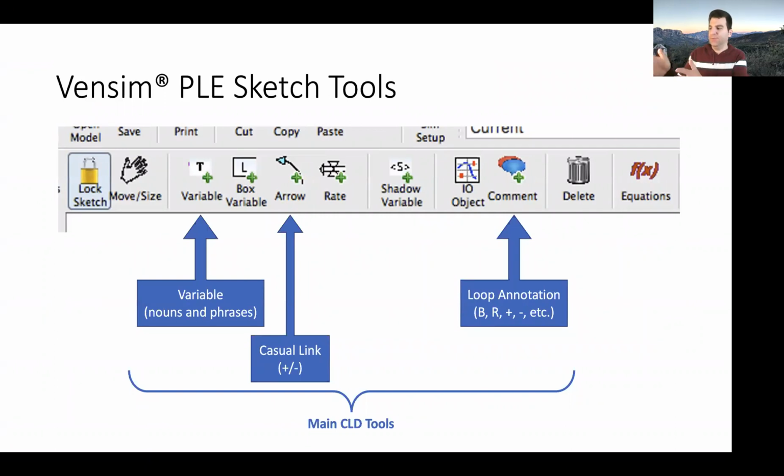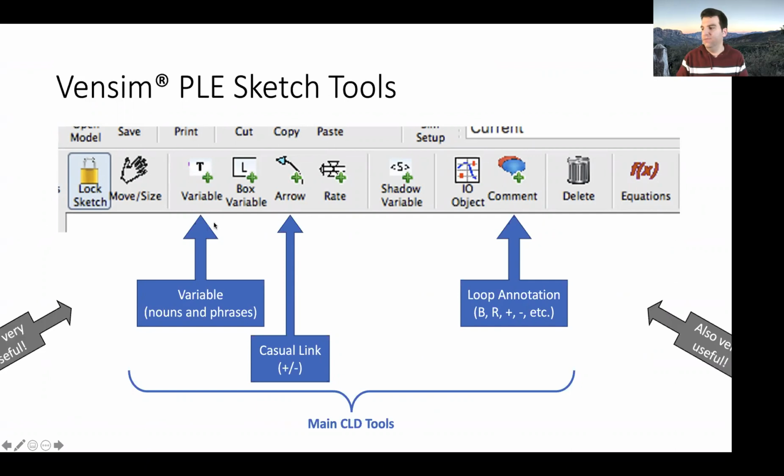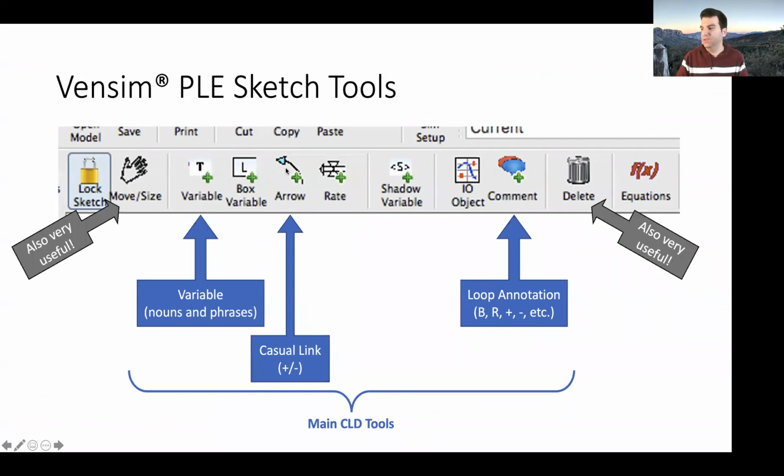As the presentation shows, when we open Vensim, we focus primarily on these three buttons up here at the top. There's a button in the toolbar called variable, a button called arrow, and a button called comment. The variables are the things that our causal links are drawn between.